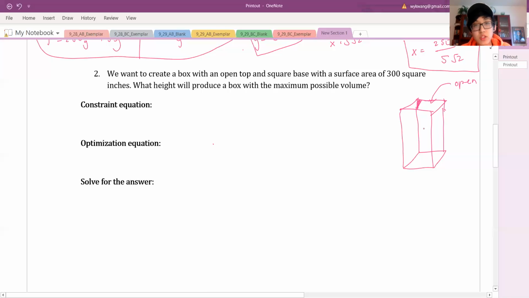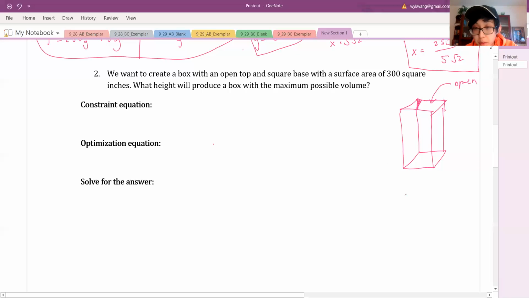And a square base with a surface area of, so we want to create a box with an open top and a square base, right? With a surface area of 300 square inches. So the whole box has a surface area of 300 square inches. So that means, I don't have anything box shaped next to me, but that means the bottom of the box, and then you add the 4 sides of the box, right?